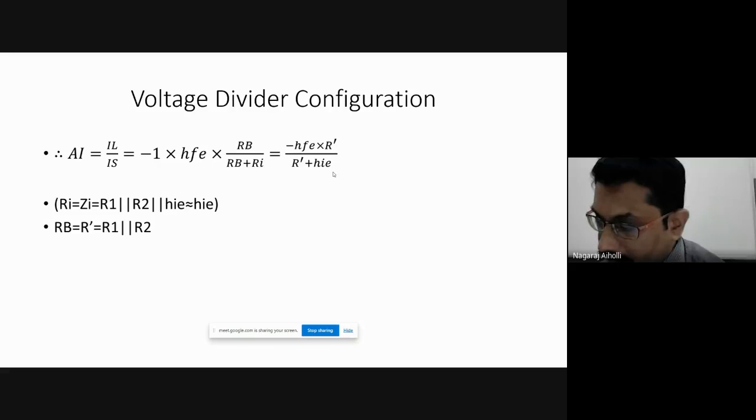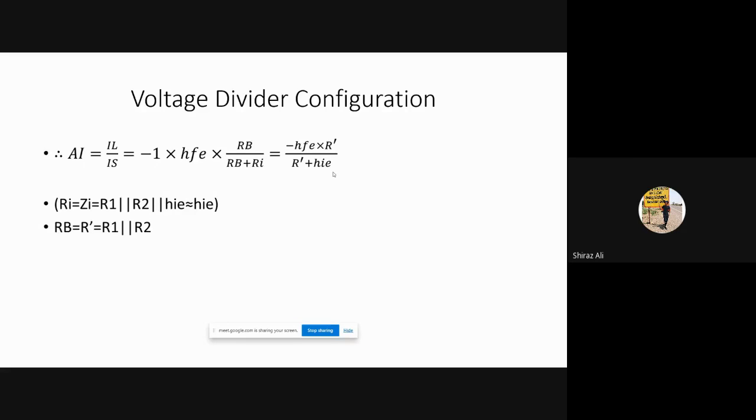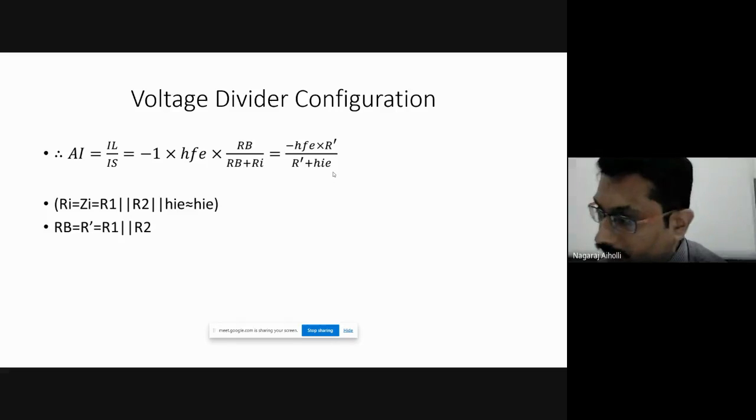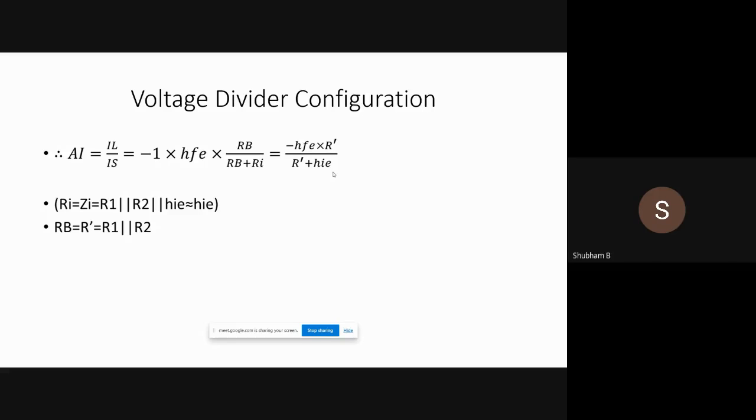Sania, Sanjay, Shiraj, Mujawar, is today's topic clear? Yes, sir. Shubham, understood?